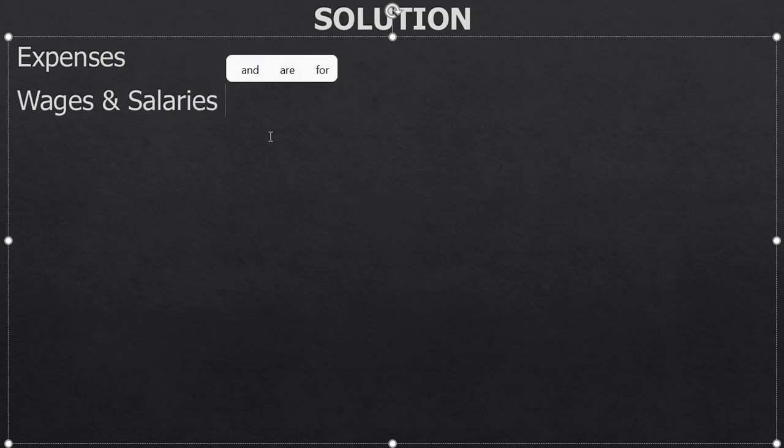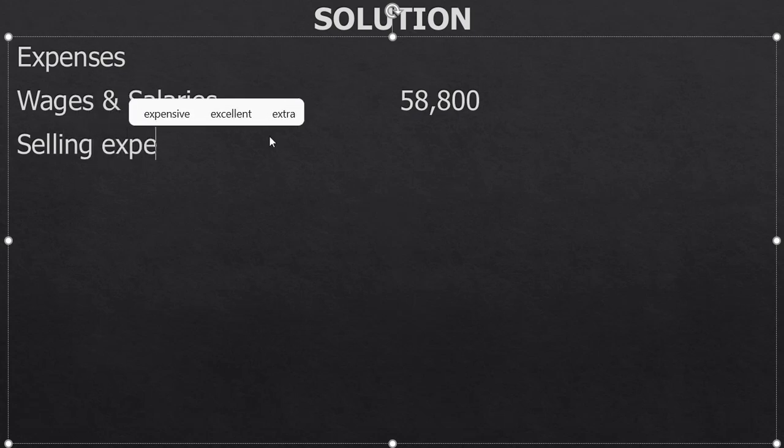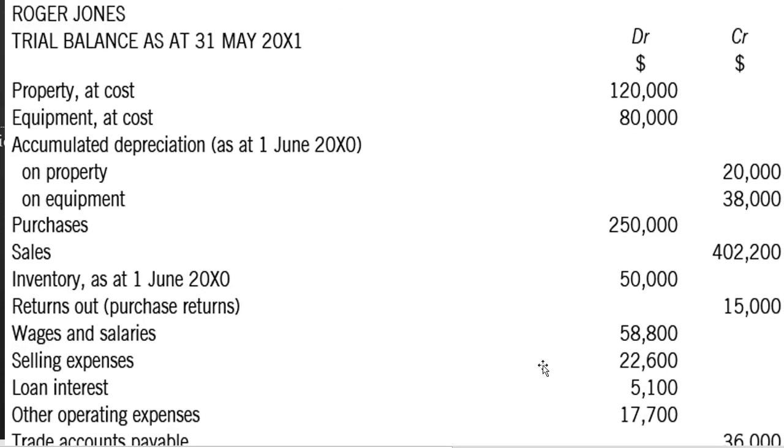The figure for wages and salaries is 58,800. Then we saw selling expenses. Selling expenses is 22,600. The figure here.